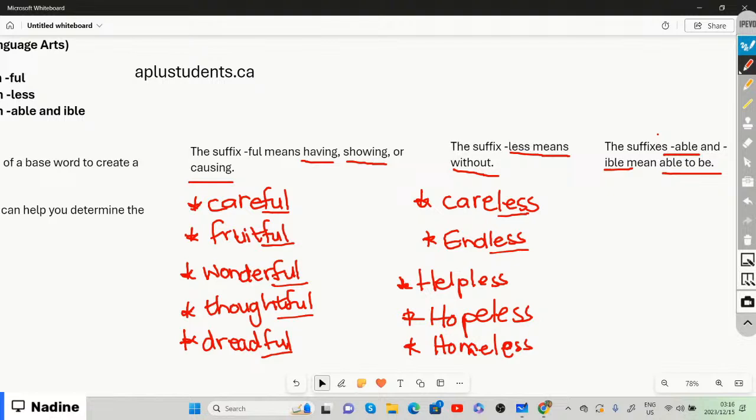And now we're going to go to words with the suffix able. We said the suffix able means the ability to be, or able to be.